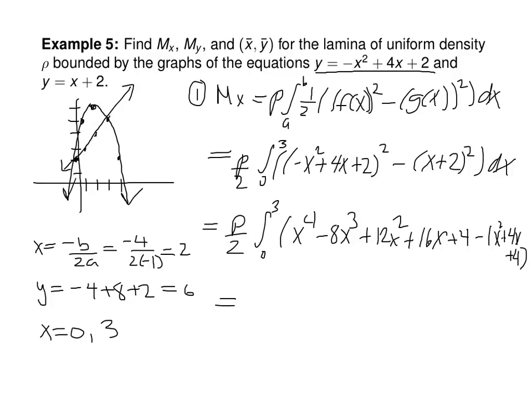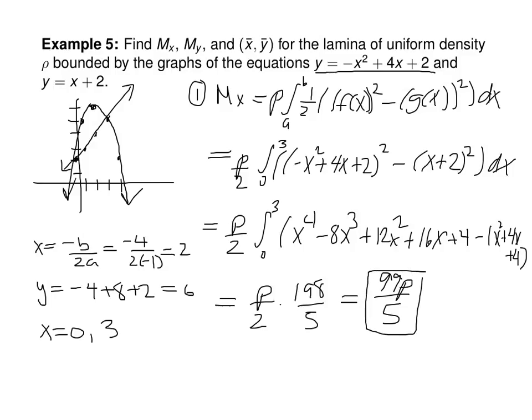And the rest is just pretty tedious, but when you anti-differentiate and evaluate this at 0 and 3, we end up with rho over 2 times 198 over 5, which gives us that Mx is equal to 99 rho over 5. The most important part here is setting this up. The rest of it is just quite tedious. So there's Mx.